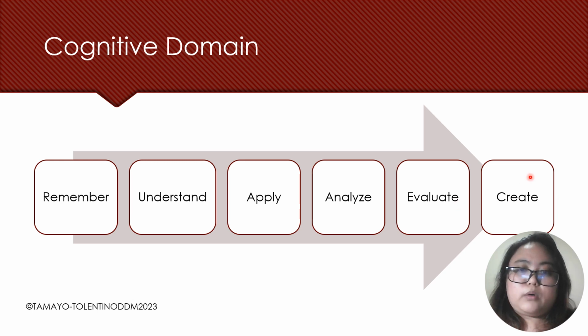For example, formulate a treatment plan, write a research proposal, design a unit of instruction. As the cognitive process becomes more complex, it requires higher order thinking skills.